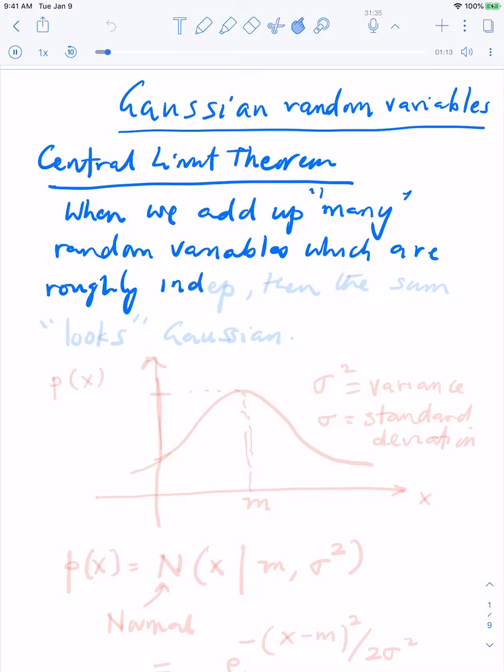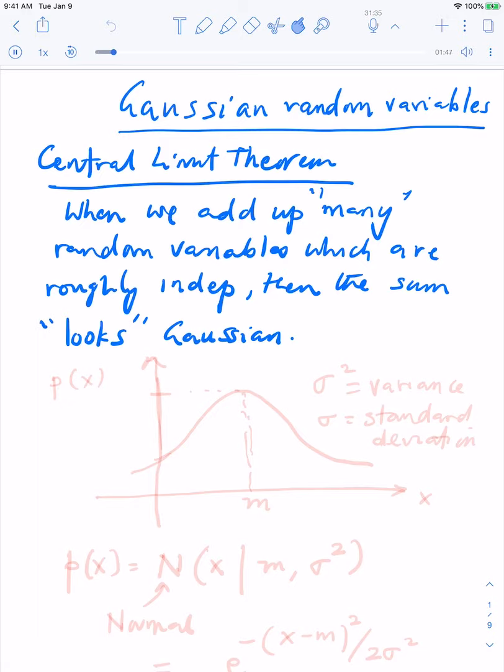Roughly independent. Then the sum looks Gaussian. And that's really the level at which I want to talk about it. It's pretty easy for anybody to look up the formal statement of the central limit theorem and various variations of it. But this is good enough to sort of motivate why we want to look at Gaussian random variables.